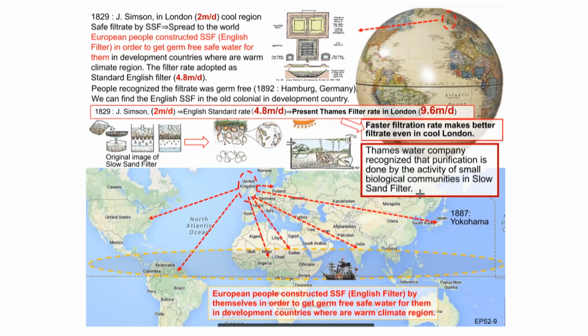Thames Water Company recognized that purification is done by the activity of a small biological community in the slow sand filter. But the European people constructed slow sand filters as English filters by themselves in order to get germ-free, safe water for themselves in developing countries in warm climate regions.